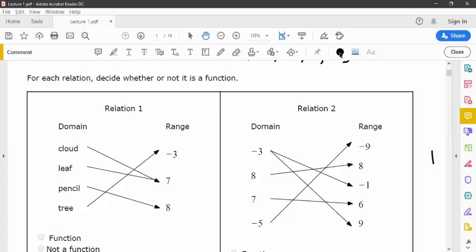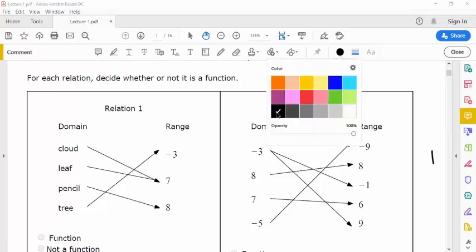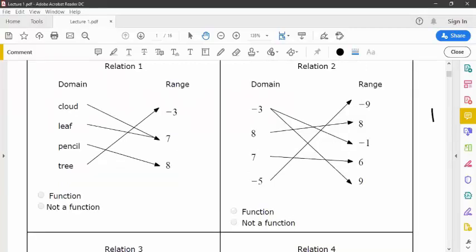So in this case, since -3 is paired with more than one range value, it would not be a function. Again, -3 is branching to two separate range values, therefore it is not a function.